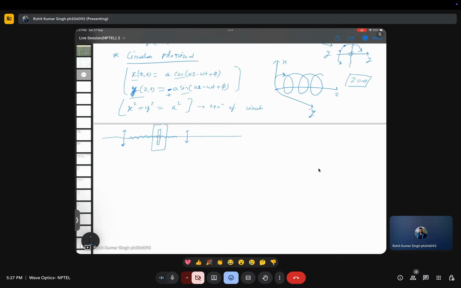I'm considering the slit width greater than lambda, so there will be no diffraction. It will pass through like this. But if you keep a narrow slit in the transverse direction, now what will happen? It will block it, right? And you get nothing here.